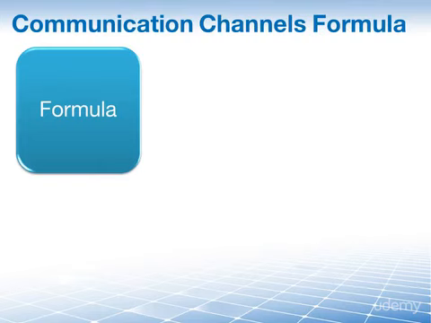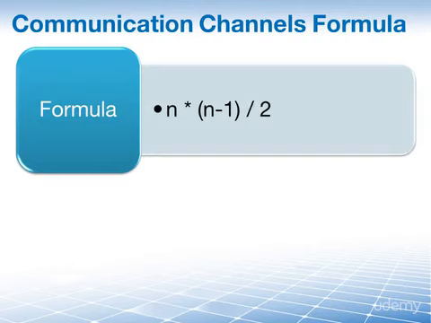This is the only formula in project communication management, and you must know it for the PMP exam. There is probably a 90% chance that you will encounter this again. So the formula reads N times N minus 1 divided by 2. N here stands for the number of people on your project.